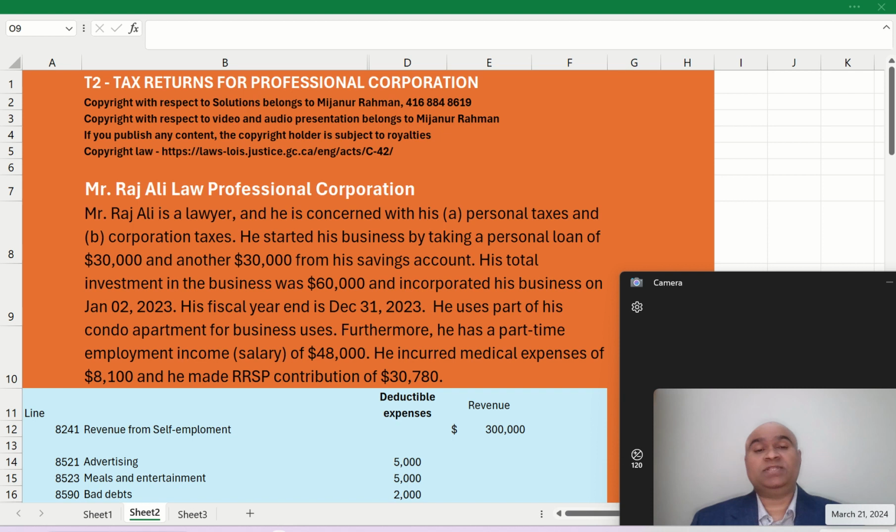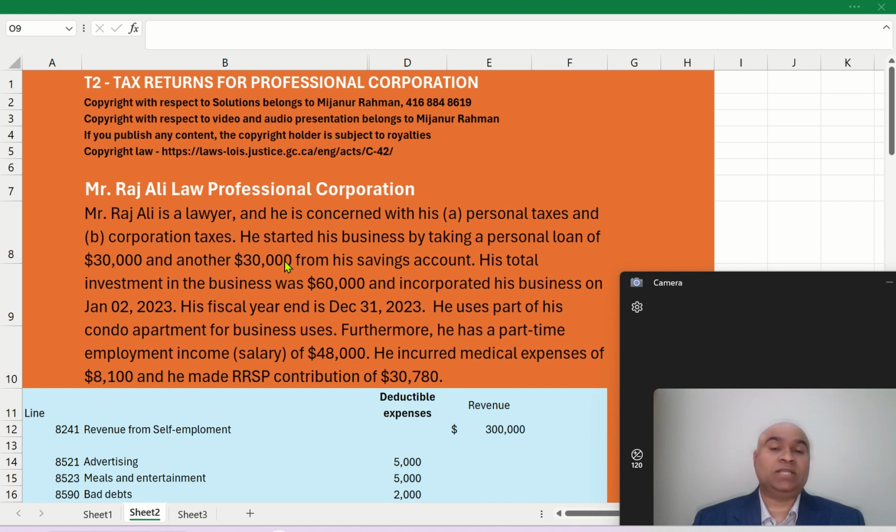Anyway, so this is the scenario. In previous video, Mr. Raj Ali, he was self-employed under proprietorship. So he decided to structure his business under the professional corporation.